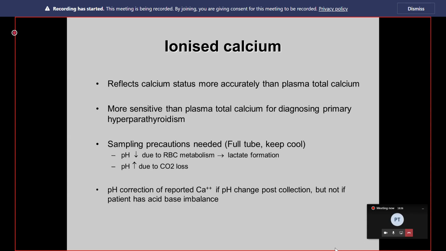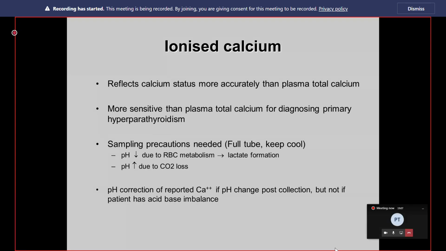Ionized calcium is more labile. So pH changes, as I mentioned, lead to changes in ionization, and we can get a false picture. So it's important to keep the sample cool and also to keep the tube filled to decrease the degree of post-analytical changes.